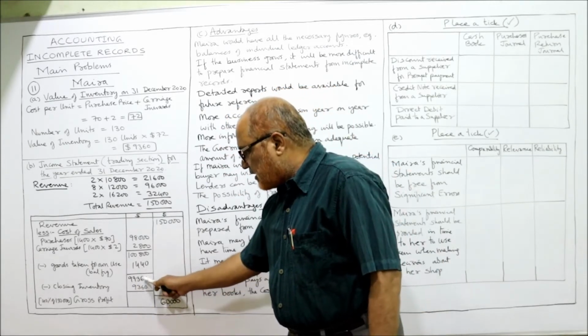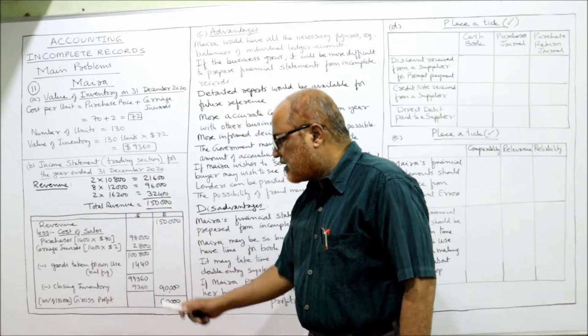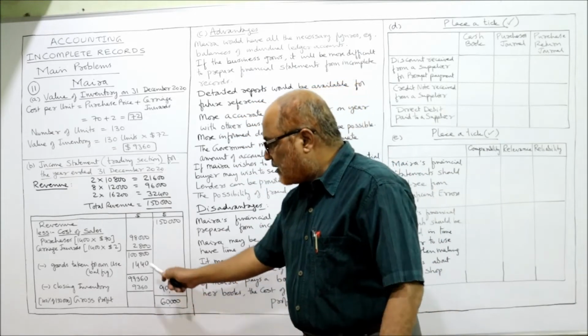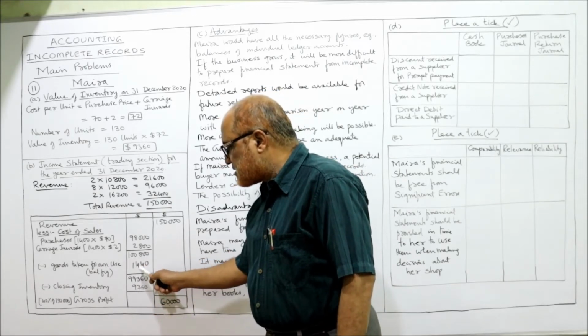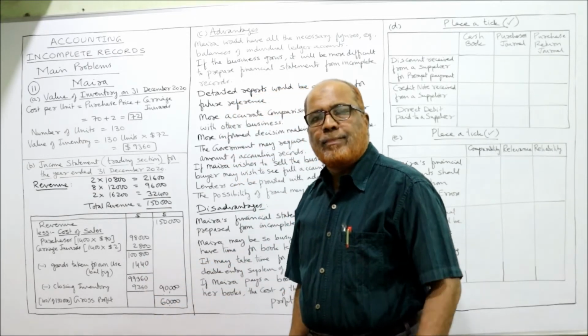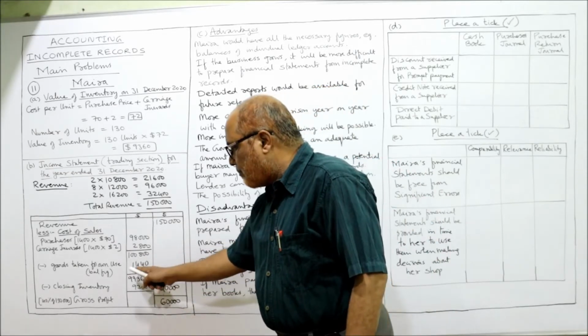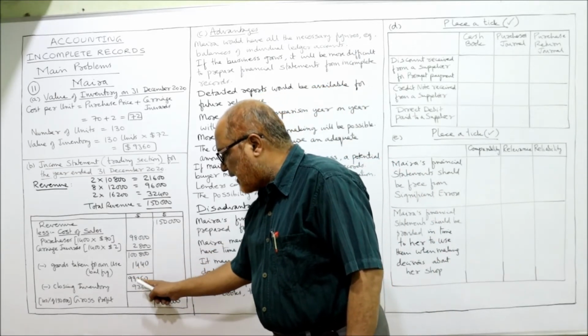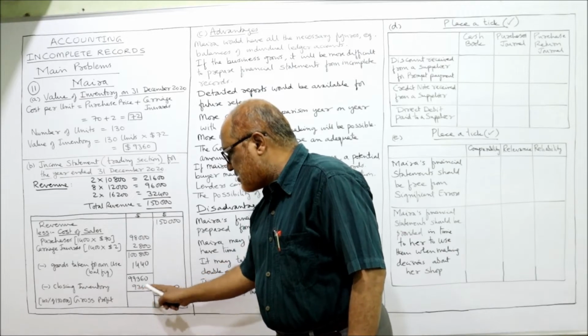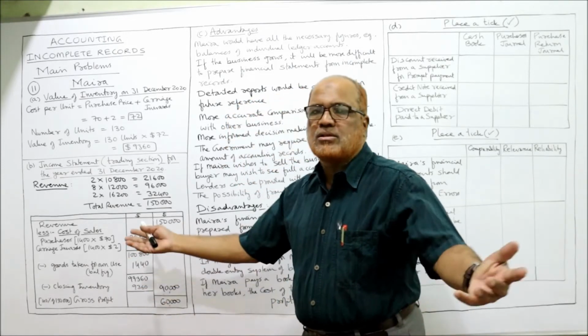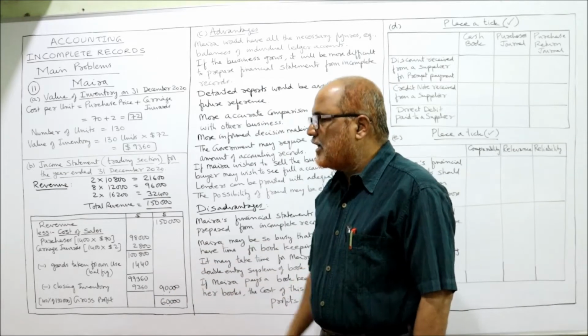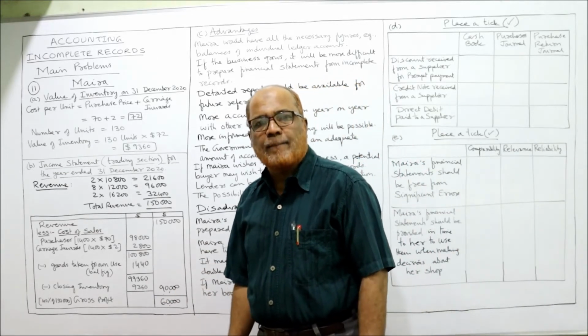Now you can confirm, 99,360 minus 9,360 will get 90,000. Now we have to find out this balancing figure. So 1,08,000 minus 99,360 will get 1,440. Now you can confirm: 1,08,000 minus 1,440, you will get 99,360. Minus 9,360, you will get 90,000. 1,50,000 minus 90,000, 60,000. That's it. This is the income statement of Myra.